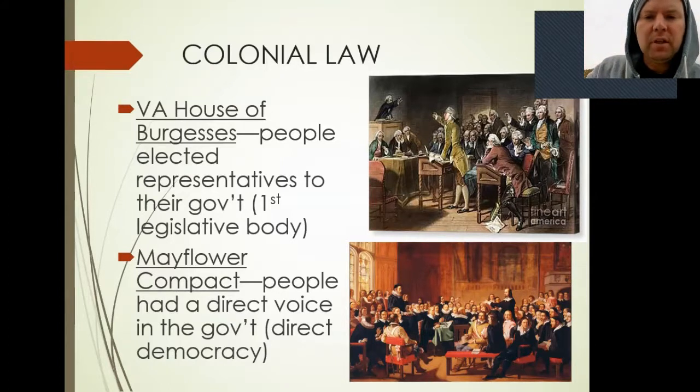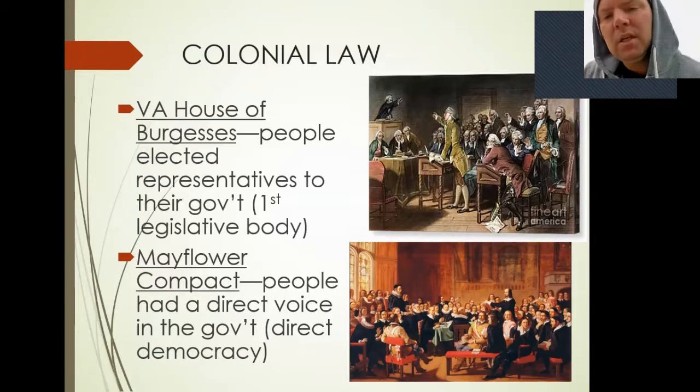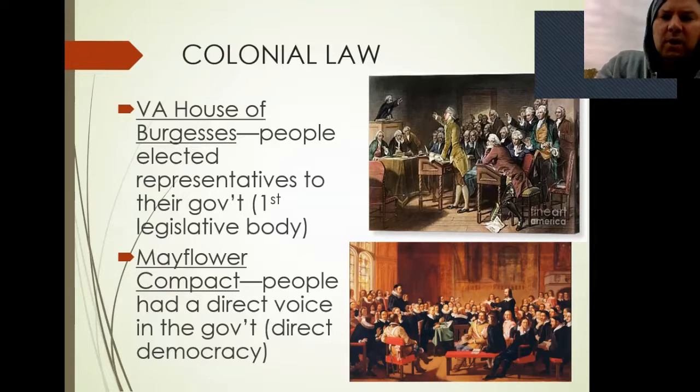Further up north in Plymouth, the Pilgrims, while they were on the Mayflower ship, signed a document called the Mayflower Compact, which basically said that they all agreed that they would abide by a system of government that they would create in order to do what's best for the community.